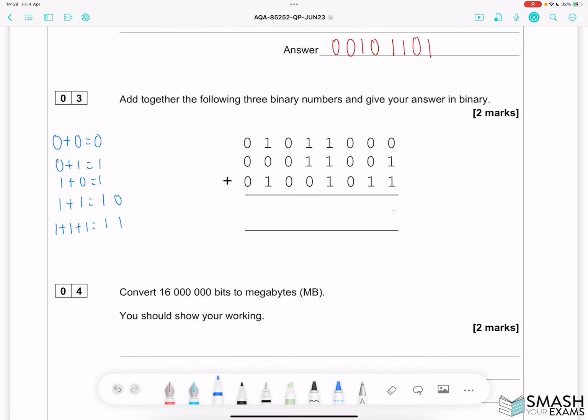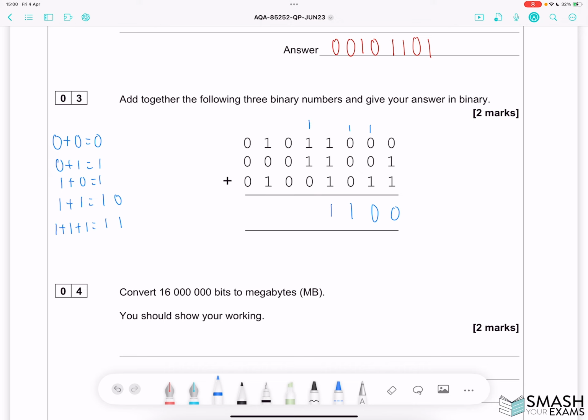So if I've got 1 plus 1, well, that gives me a 0, carry the 1. Now I've got 1 plus 1 again, that also gives me 0, carry the 1 over. I've got 1 plus nothing in this case here, so that would give me 1. Now I've got 3 1s. I've got 1 plus 1 plus 1. Well, 1 plus 1 plus 1 we know is a 1, carry the 1.